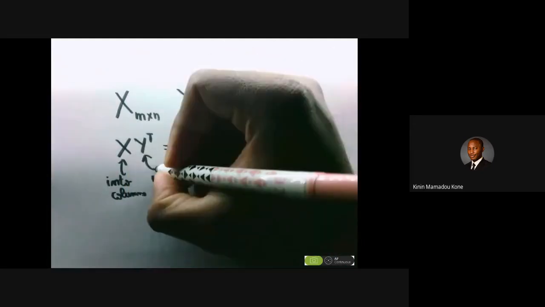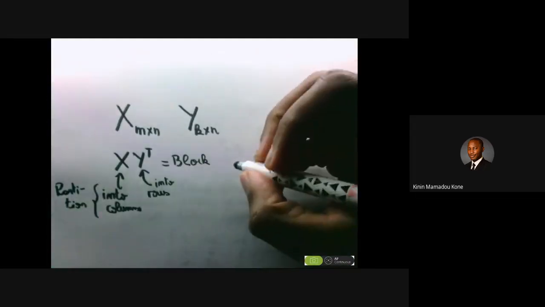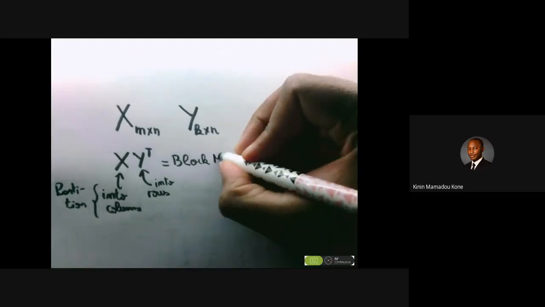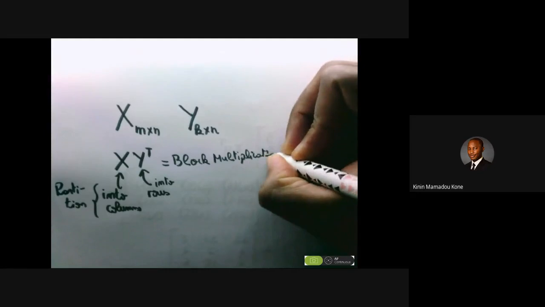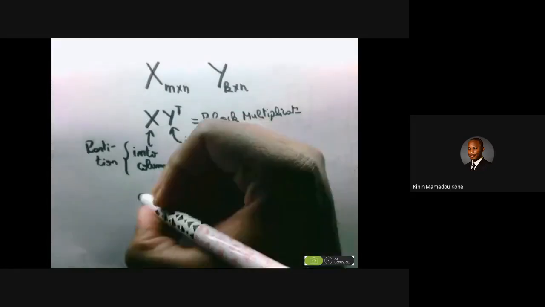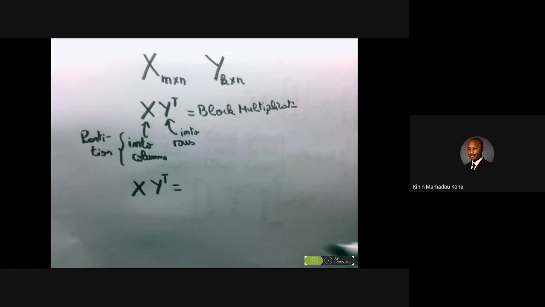So here we're going to do the partition into block multiplication. Let's try to see what's going to happen. So you have X, and then you have Y transpose. You decided to turn X into columns.